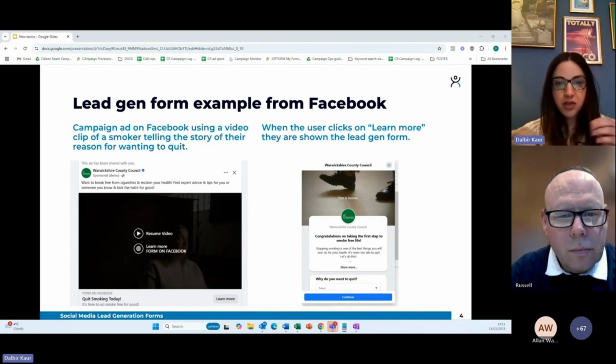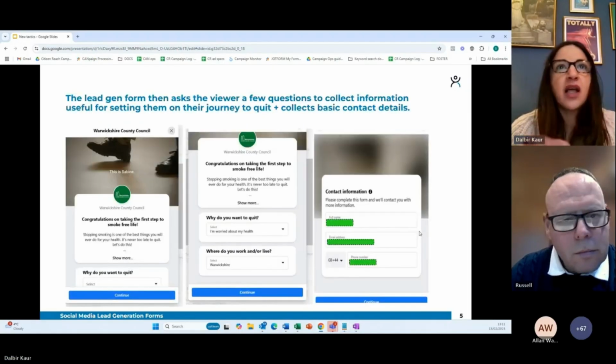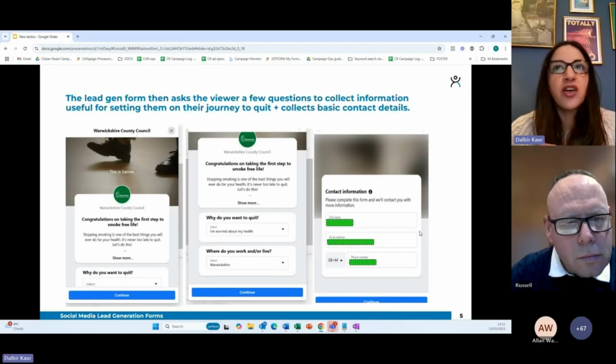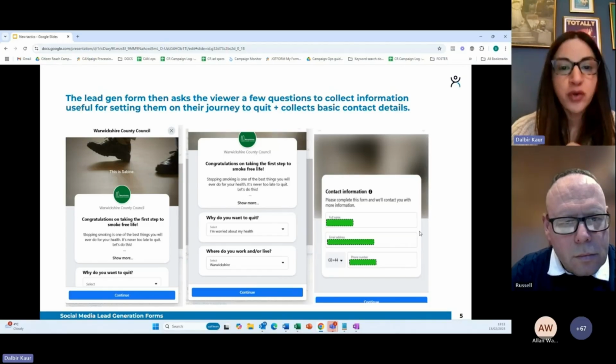You're still within the realms of the platform, and you're not having to do that extra click, which made a massive impact. As we went through it, what we realised also was the contact information, because the platform's already got your information, it auto-completed all the data, which made it even quicker.